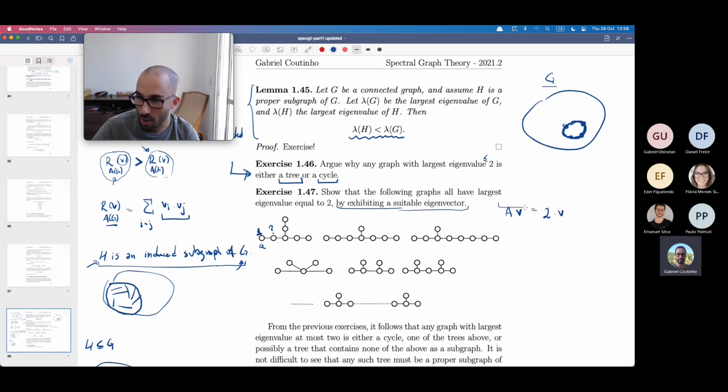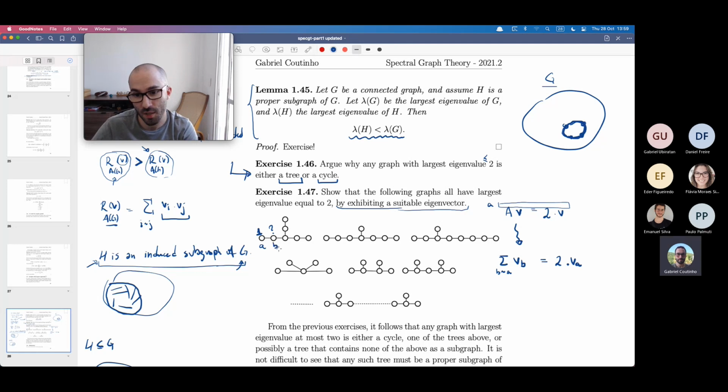I'm going to examine only the row corresponding to vertex a. On this side, I have the sum of the neighbors of a of their entry in the eigenvector. And on this side, I have 2 times the a-th entry in the eigenvector. A only has one neighbor.